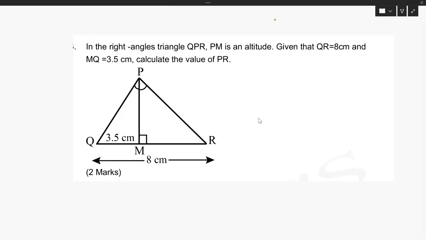These two triangles you have to do, because QR value is given. Then with similarity, which sides will you say are proportional? Corresponding sides of similar triangles are proportional.